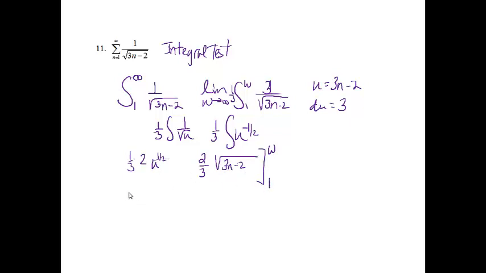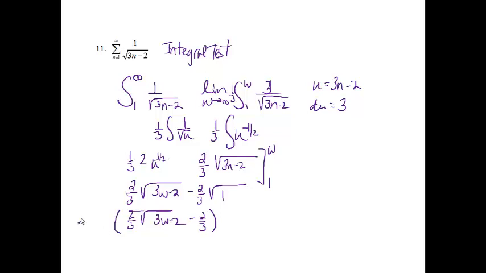So if I plug in w, I get 2/3 the square root of 3w minus 2, and then minus 2/3 the square root of 1, and this ends up being 2/3 the square root of 3w minus 2 minus 2/3. And since I'm as far as I can go, I'm going to find the limit as w approaches infinity. So if I put infinity in here, the square root of infinity is still going to be infinity. This will equal infinity.